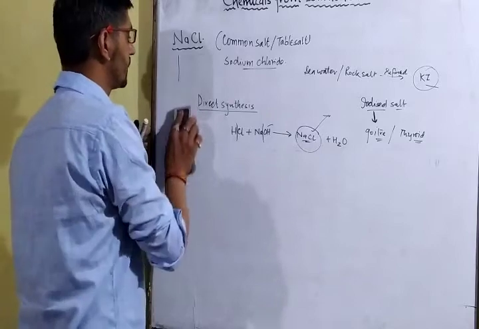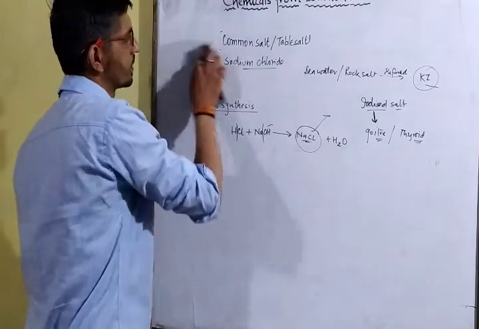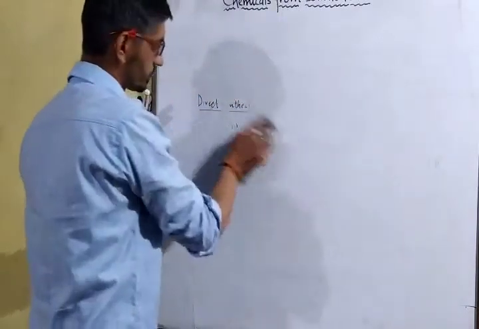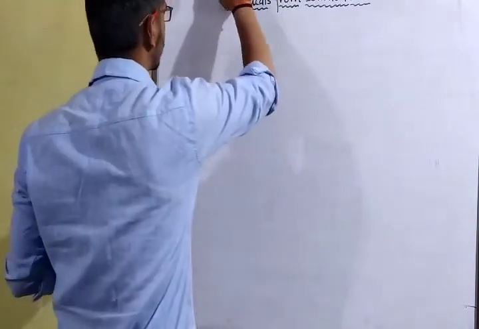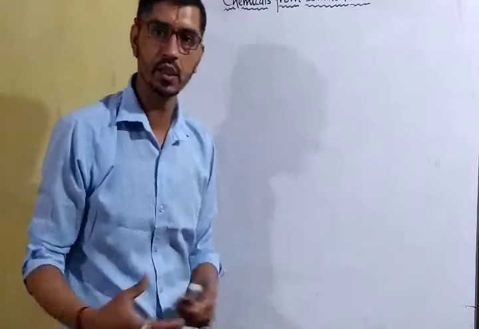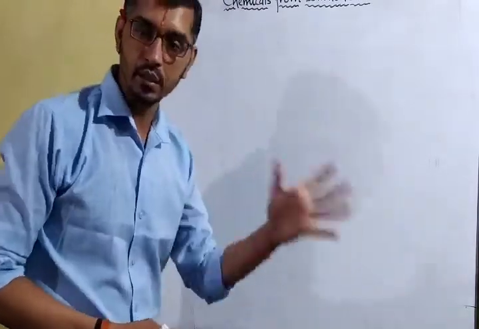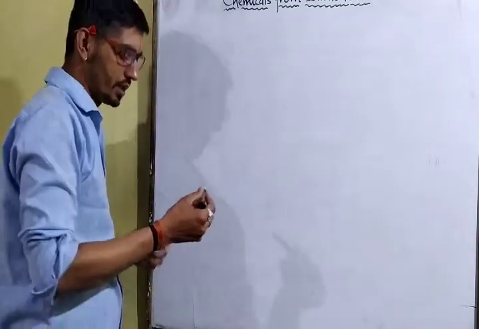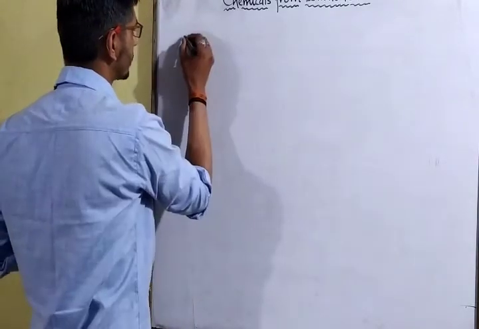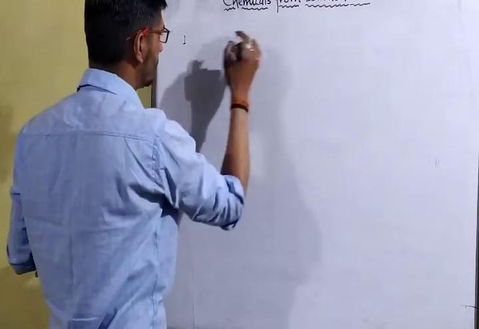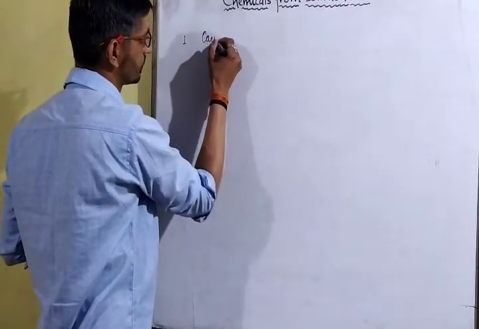So the next type of chemical is caustic soda. Very, very important, because caustic soda is used in various industries, paper industries, used as a cleansing agent, and used in detergents as well. The first chemical from common salt is caustic soda.